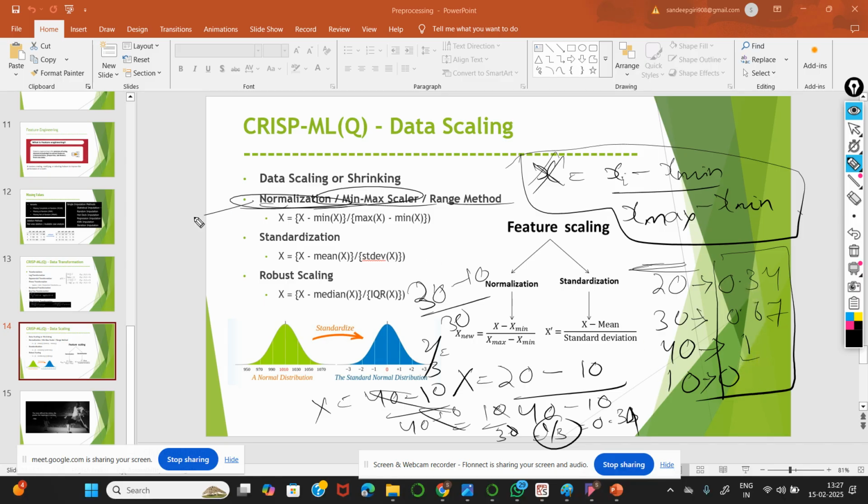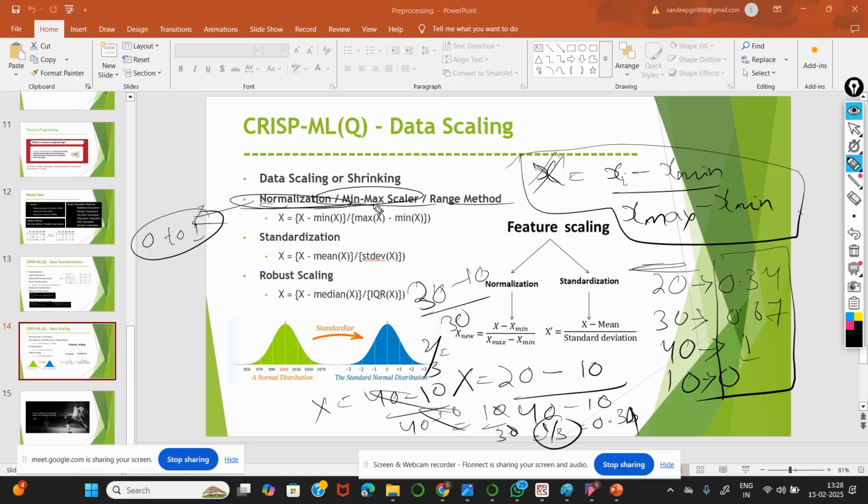Remember, if you use a technique called normalization, it will make the data scale free, unitless, shrinking the values to a particular range. The range is from 0 to 1. All the data would be converted to a value lying from 0 to 1. This is the power of this technique, normalization.